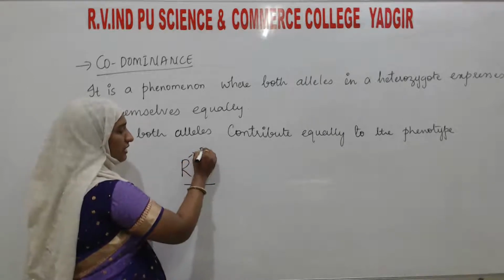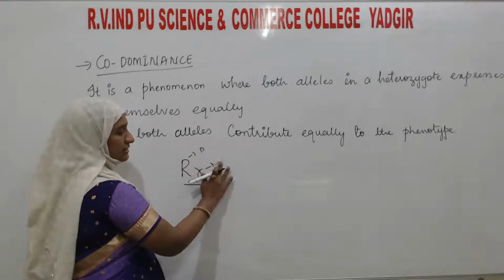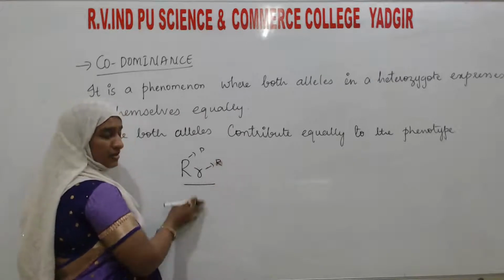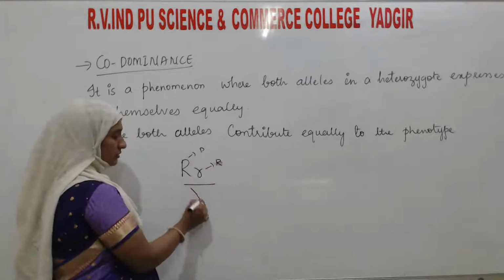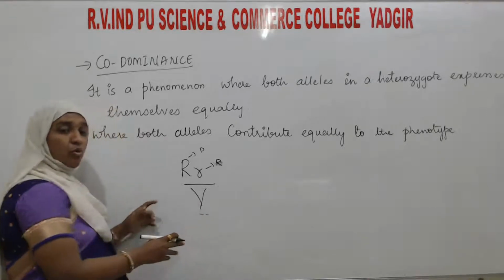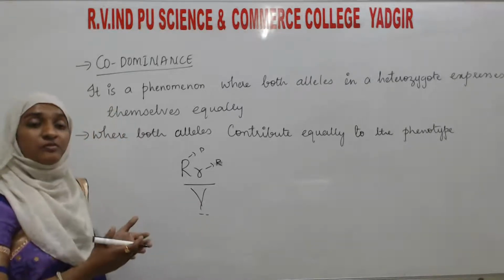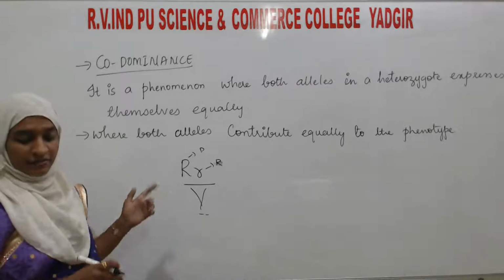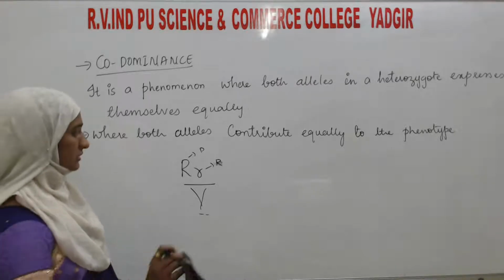This is the dominant gene and this is the recessive gene. They both are going to contribute to whatever offspring they are going to produce. Both the genes are going to express their character. That we can call codominance.